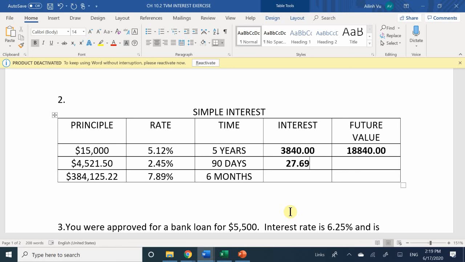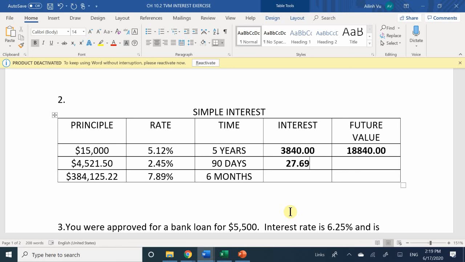We want it to be in years. So what is 90 days? A quarter. Okay, it's a quarter of a year, correct? So now instead of multiplying it by 90, you're going to multiply it by 0.25. Because you're not calculating for the whole year. You're only collecting interest for those 3 months.